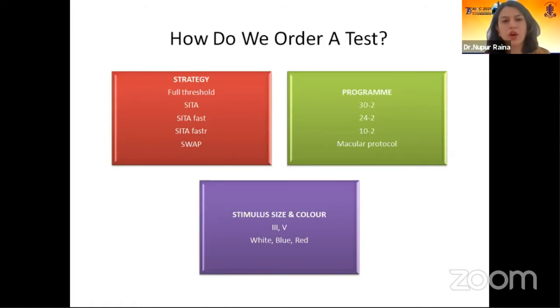And the macular protocol will test only the central 5 degrees of the visual field. Unless we mention the stimulus size and color, the default is a Goldmann size 3 white stimulus. And if the patient's vision is very poor, or if we are doing a SWAP analysis, then a stimulus size 5 is used.